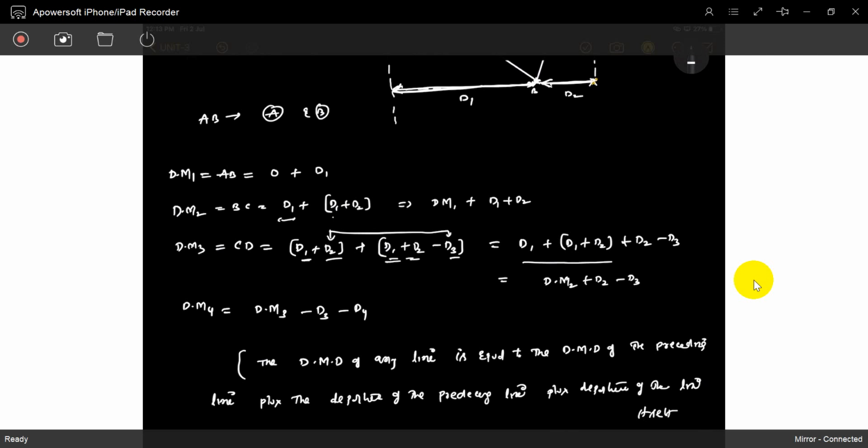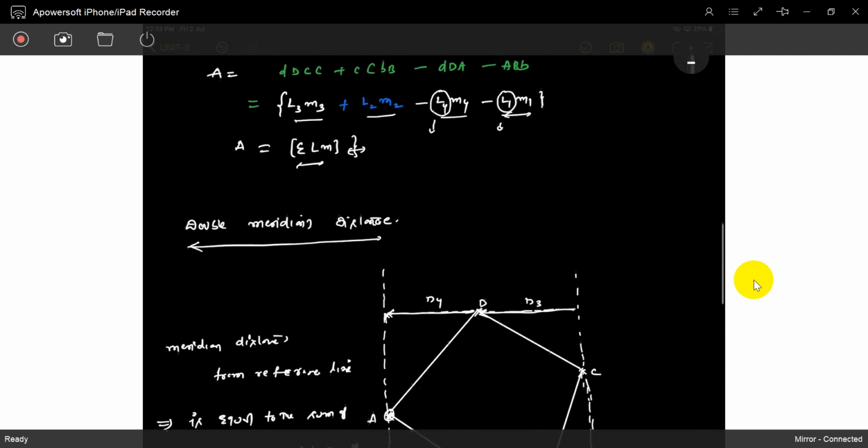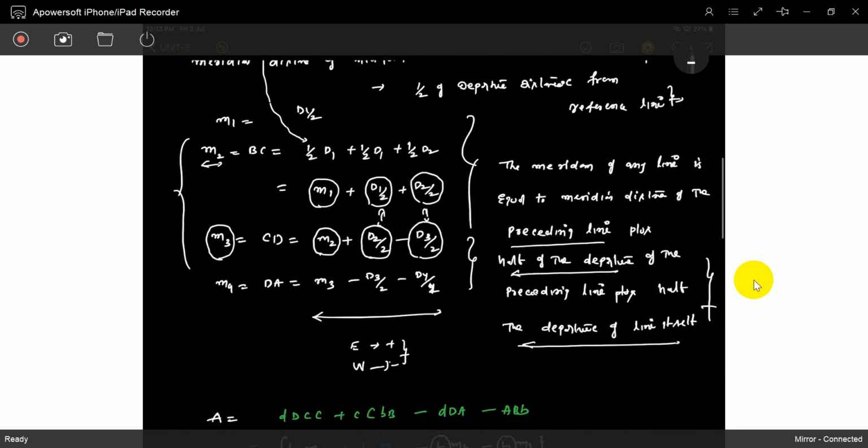That's it. Previously, the meridian distance of any line was equal to the meridian distance of the preceding line plus half of the departure of the preceding line plus half of the departure of the line itself. Just adding half, it is an M3 meridian distance. Now it is a double meridian. That is the only difference.